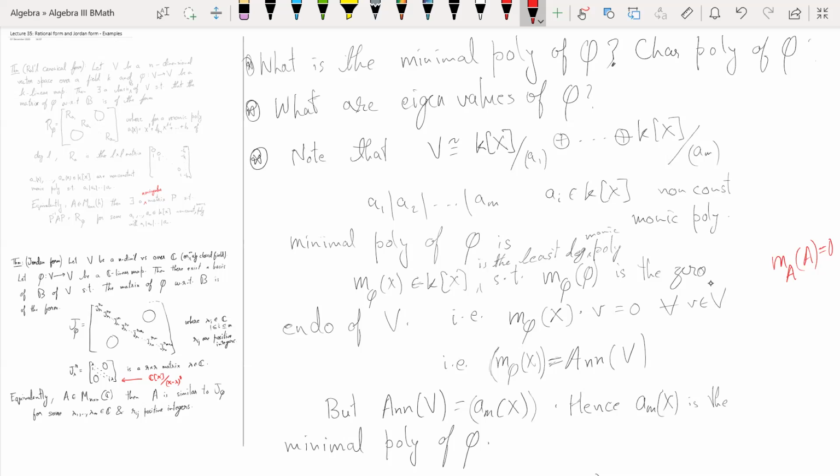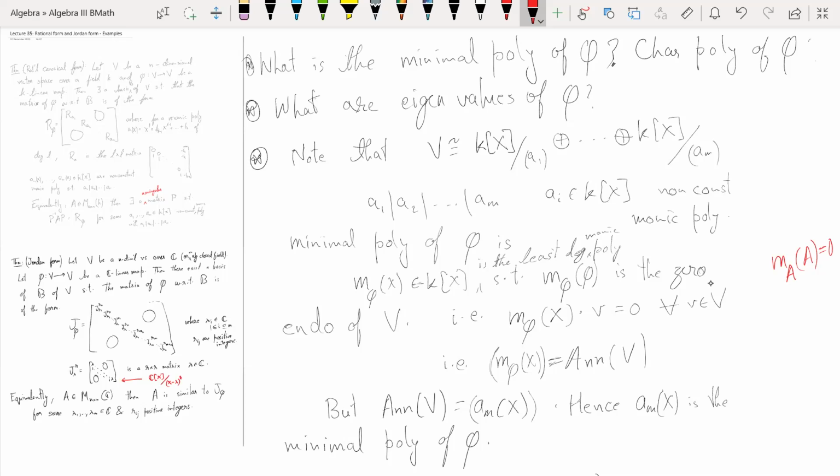Yeah. So what does that mean? That means m_phi(phi) is the zero endomorphism of V. But how does m_phi(x) act on a vector space V? It acts as m_phi evaluated at phi, so you get an endomorphism, and then you evaluate at v.